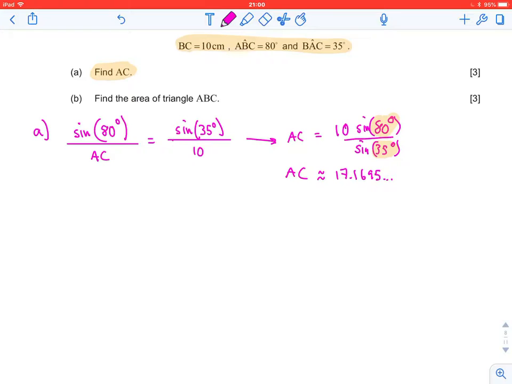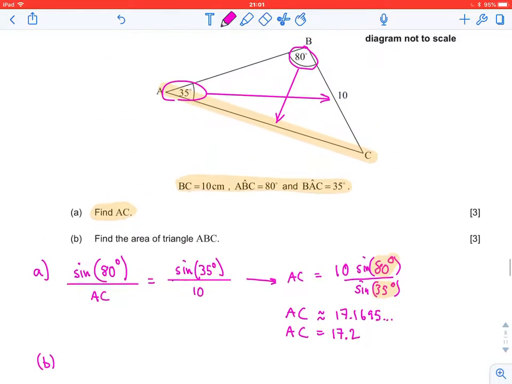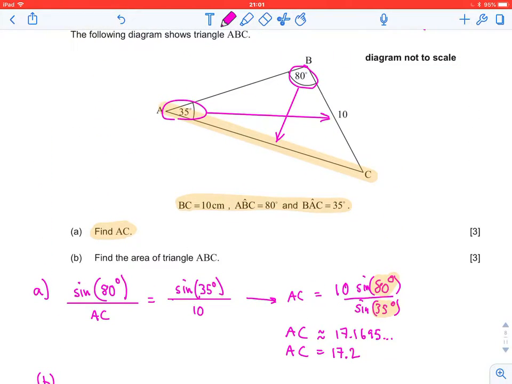And this would be a number that you could store in your calculator. Remember, this is a paper 2 question though, so they are expecting you to write your answer to 3 significant figures. So that's going to be 17.2 and leave it there. No more, no fewer.